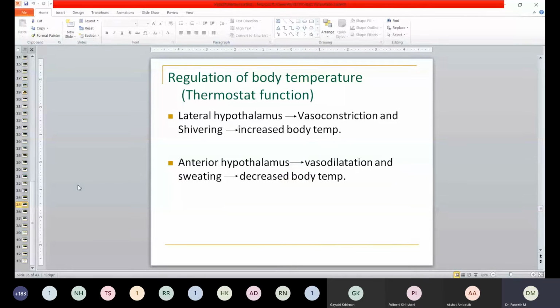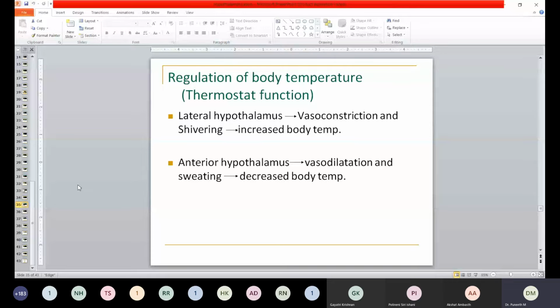Next, sorry, when there is increased body temperature, what will happen? The anterior hypothalamus will send signals and there will be cutaneous vasodilatation. If there is cutaneous vasodilatation, more blood flow will be there to the skin.